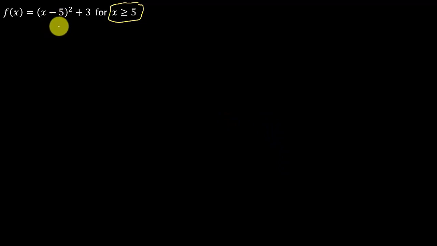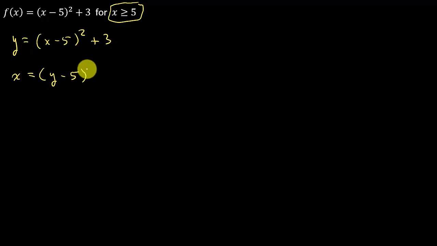So let's go ahead and get started. The first thing we want to do is take the f of x and change it to y. So y equals (x minus 5) squared plus 3. Then we swap the x's and y's, which gives me x equals (y minus 5) squared plus 3.